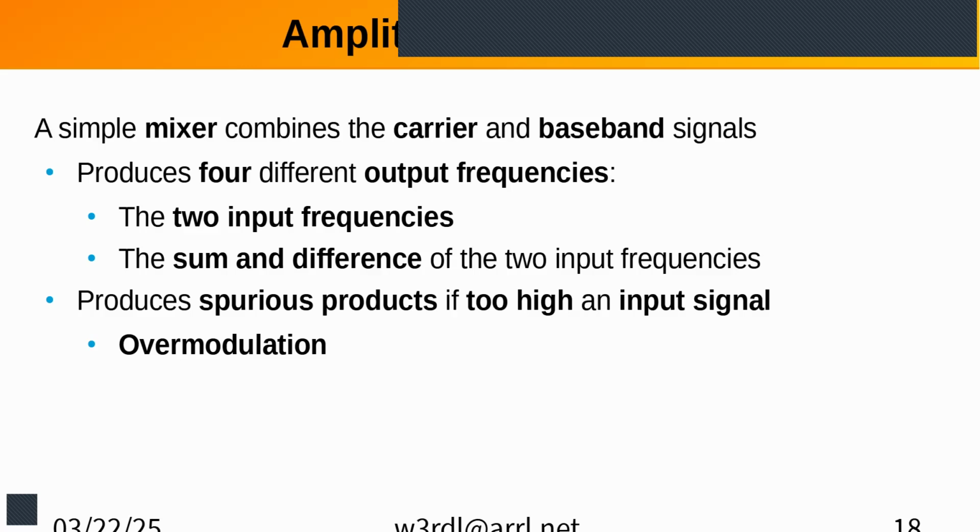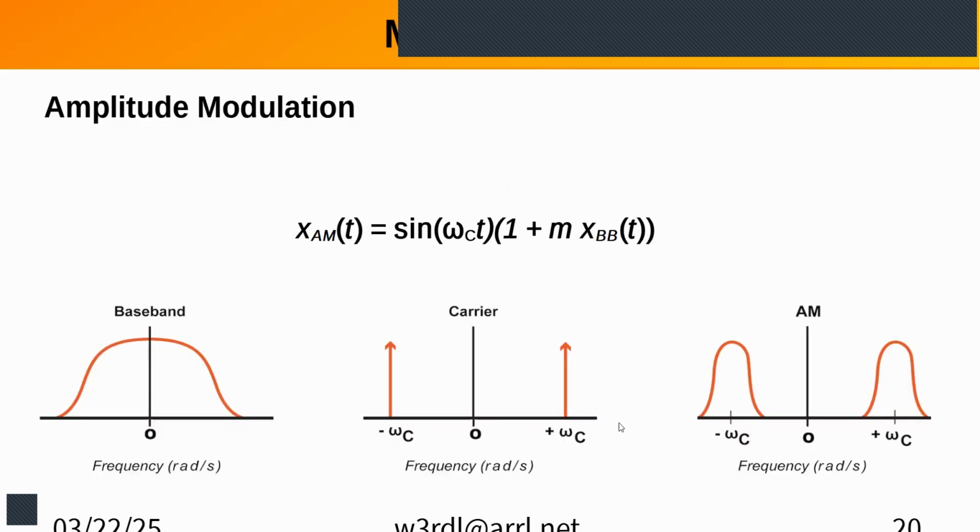Usually they're far enough out and you filter them, you don't care. If you overdrive a typical mixer circuit, you're going to get clipping, so you'll get probably third order, fifth order harmonics. Call them spurs because they're little frequency things in the place that you don't want.